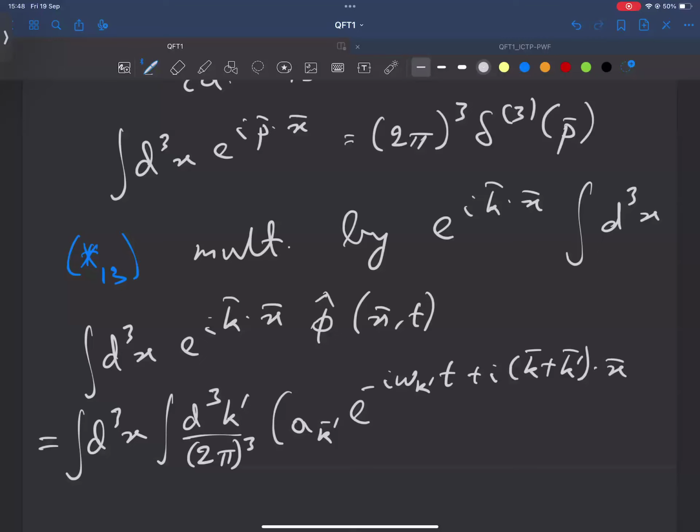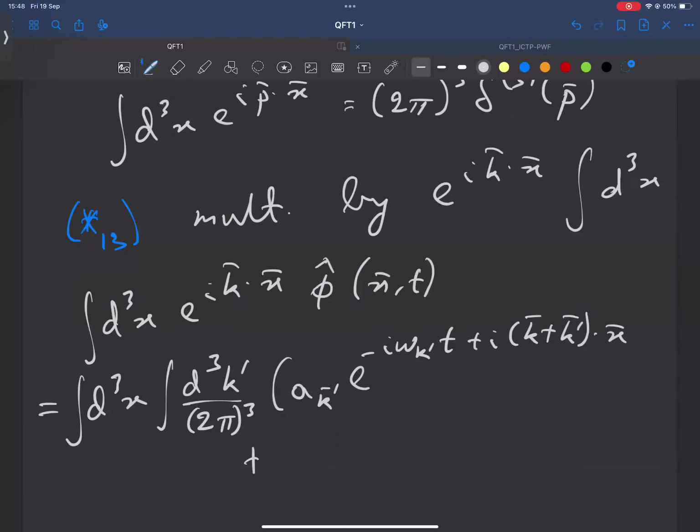I might leave out some vector signs here and there, but you will get it from the context. Again, in the typed lecture notes, which I will upload on Slack, all the signs will be there, so you can check if I have missed out certain things. Plus e^(i(k-k')·x).